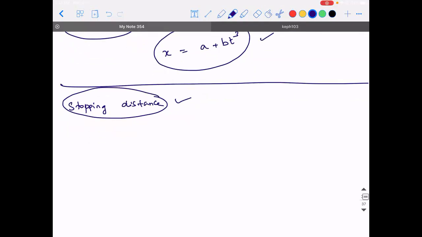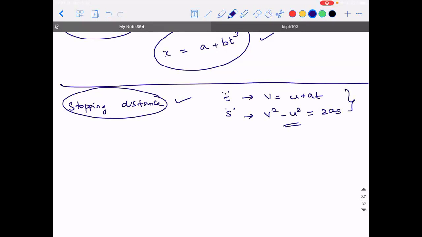One is they can ask you the time at which the velocity becomes zero. If the question is related to time, then apply the formula V is equal to U plus at. Sometimes they will ask you after traveling how much distance the velocity of the object becomes zero. For that you apply the formula V square minus U square is equal to 2as. Am I clear?